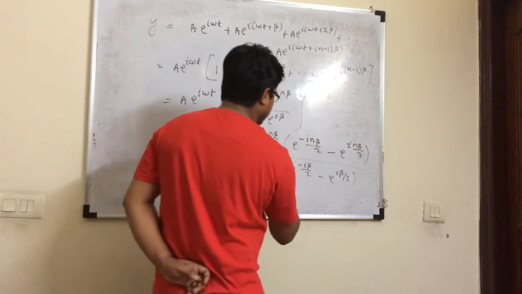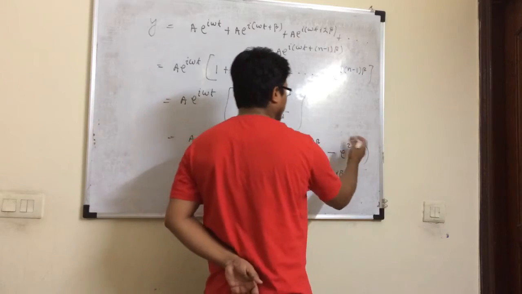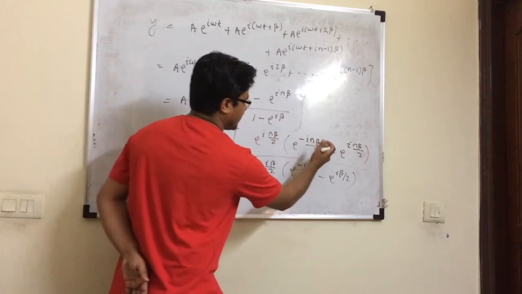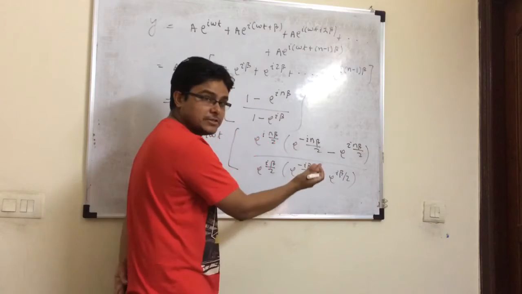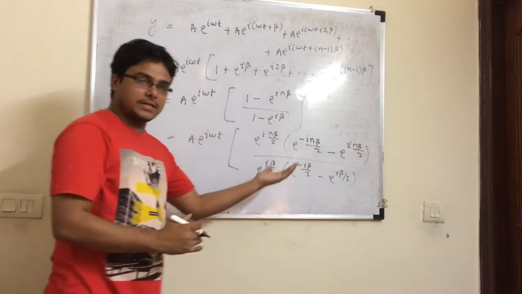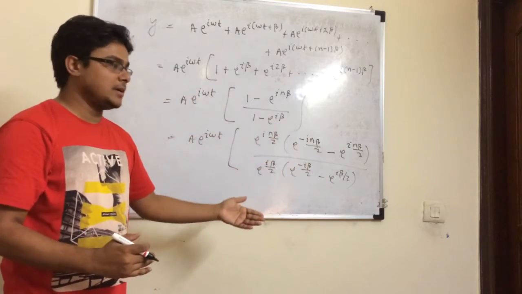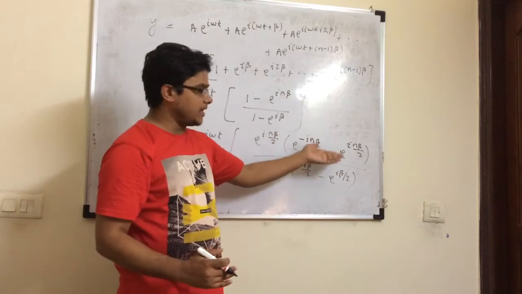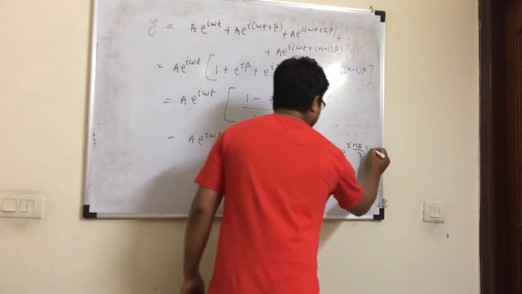So if I take a minus common, then we can write this as e to the power i n beta by 2 minus e to the power minus i n beta by 2, which will be in the form of e to the power plus i theta minus e to the power minus i theta, which is the 2i sin theta form.